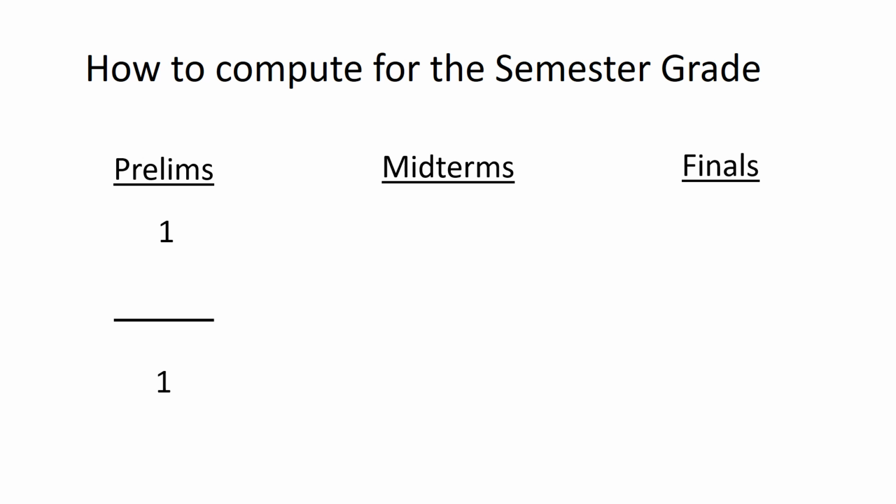For midterms, all your scores, accomplishments, and submissions will be generated again, and it will be multiplied by 2/3, and the remaining 1/3 will be coming from prelims. We are going to add that, so that will be the basis for your grade in midterms.